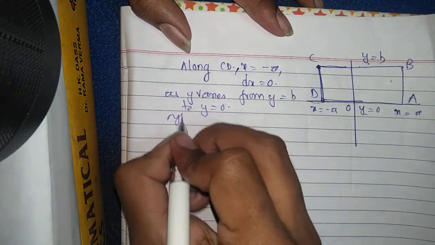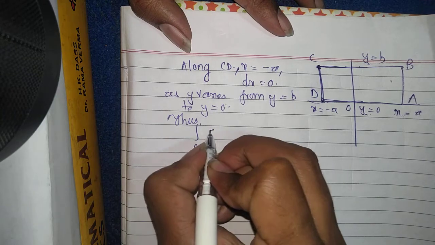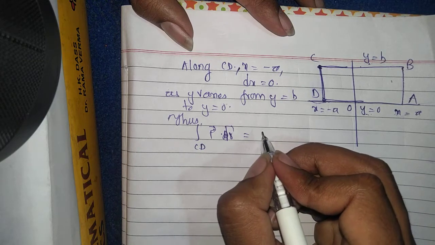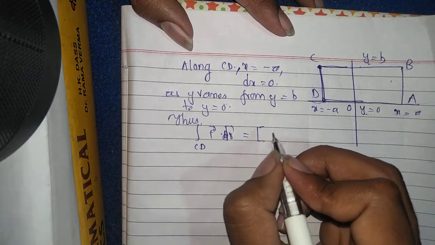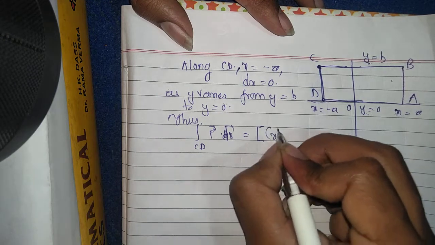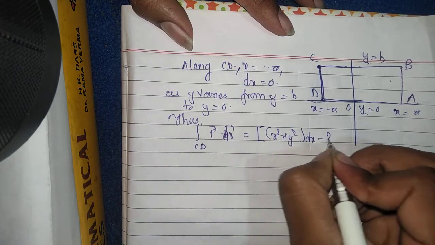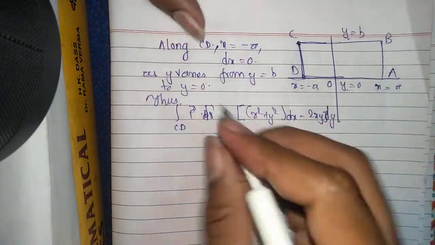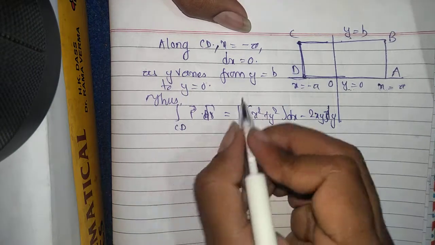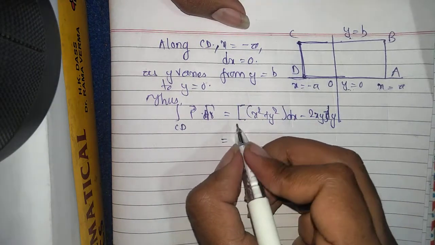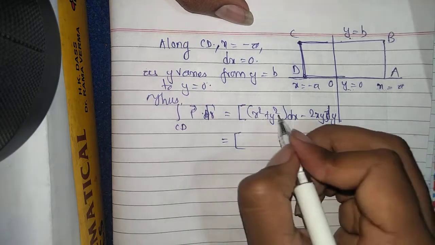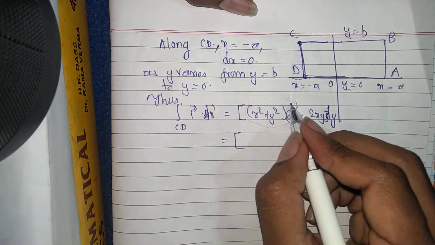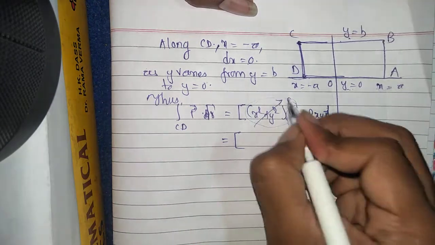Similarly, substituting, we get the line integral along CD of F dot dr, where dr vector gives, from our equation, (x square plus y square) dx minus 2xy dy. Before substituting the value, as you know dx is 0 here, so the first whole term becomes 0, and we are left with minus 2xy.